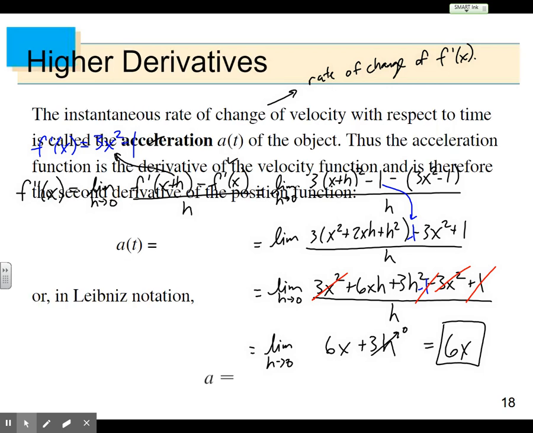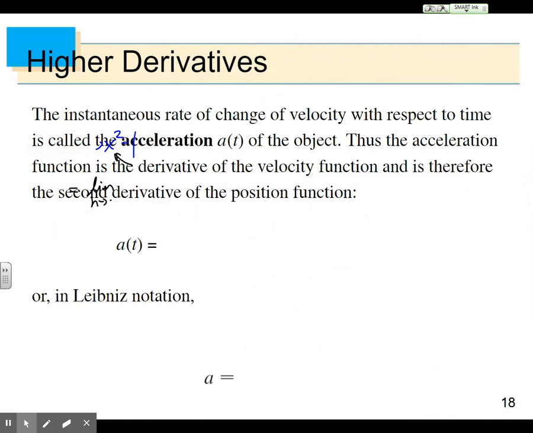Now, in physics, this is pretty nice because it gets used a lot in physics. So if I'm looking at finding the instantaneous rate of change of velocity with respect to time, that's my definition of acceleration. And so the acceleration of the function is simply going to be the derivative of the velocity. So in other words, in order to find acceleration, all I have to do is take the derivative of velocity.